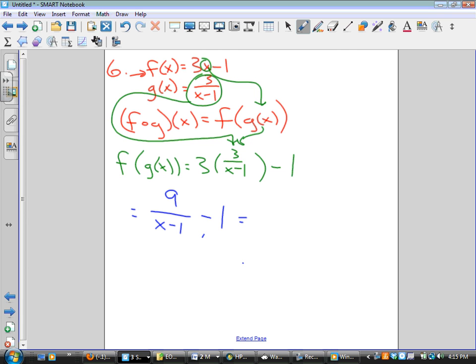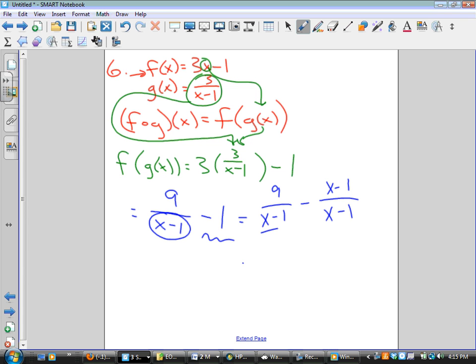We can rewrite 1 as x minus 1 divided by x minus 1, because the denominator for the left term is x minus 1. So that looks like 9 over x minus 1 minus x minus 1 over x minus 1.